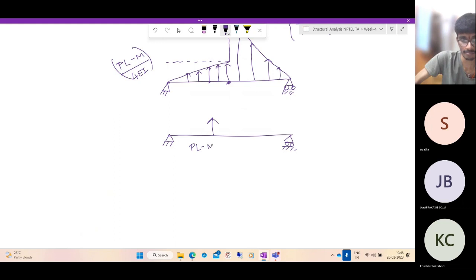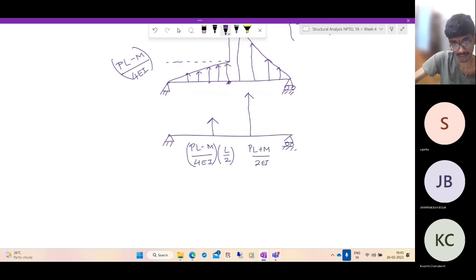PL minus M by 4 EI, which is the maximum, which is the height, base is L, and triangle area is L by 2. And here the maximum force is PL plus M by 2 EI, and triangle area you'll get L by 2.